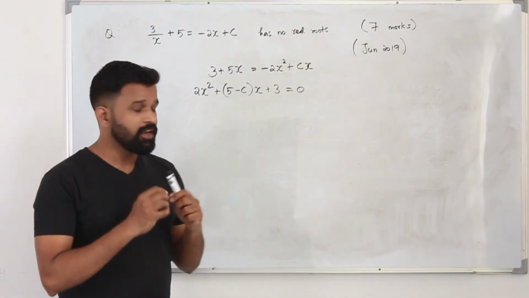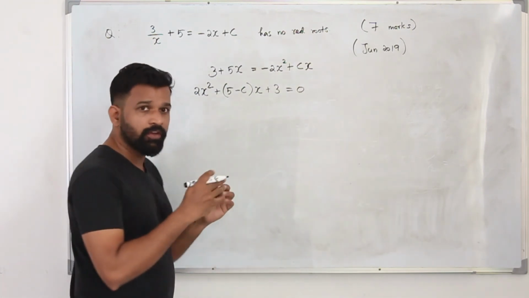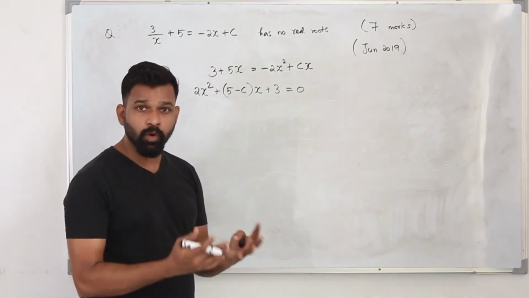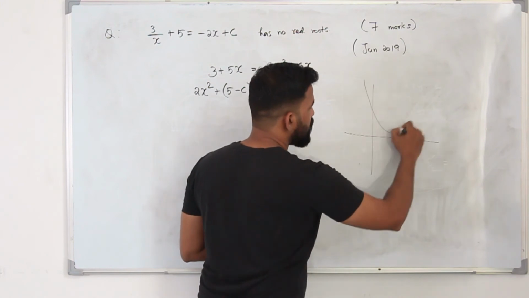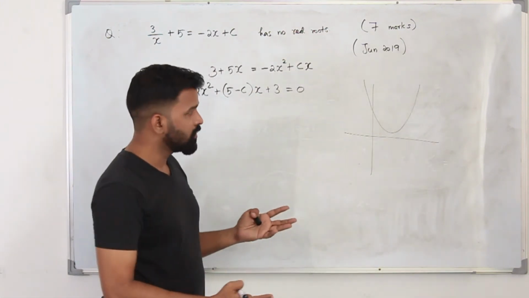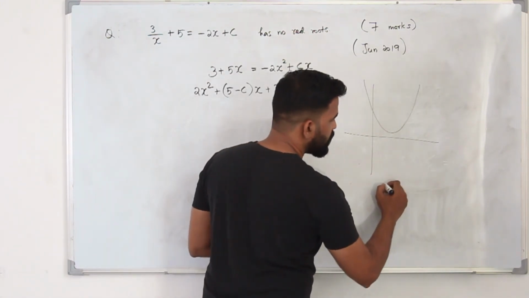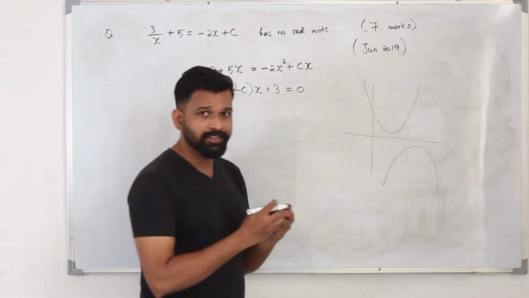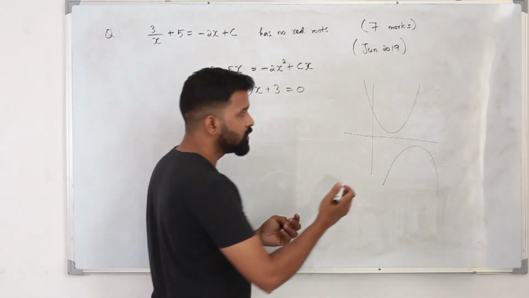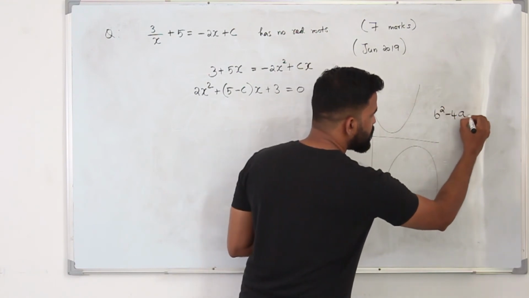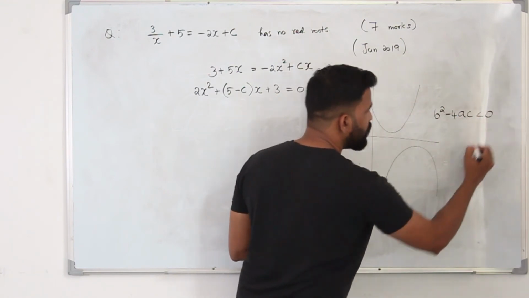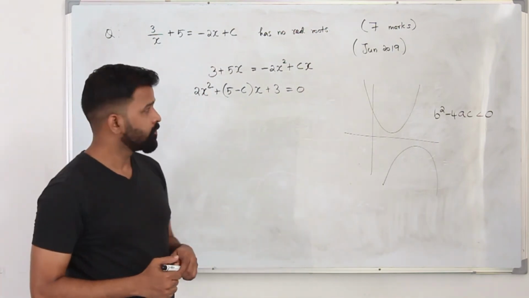In discriminant we learned, if a quadratic equation has no real roots, that means the curve is not going to touch the x-axis. Or maybe the curve can be this. It's not going to touch the x-axis. Or in other words, the discriminant b square minus 4ac should be a negative number, less than 0.